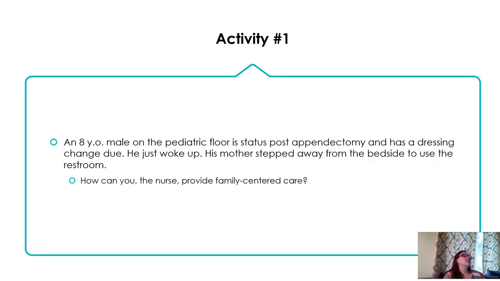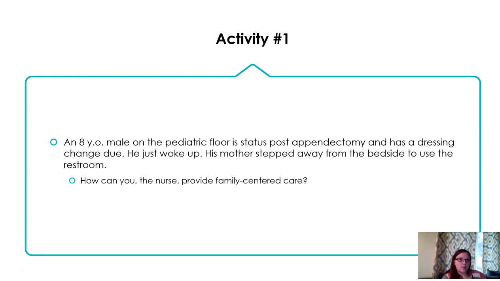Okay, so here's an example. We've got an 8-year-old kiddo on the floor who just had an appendectomy and has a dressing change due. He just woke up. His mom stepped away from the bedside to use the bathroom. So how can you as the nurse provide family-centered care to this family and this child? So with the stuff that I just said, we know that you as the nurse, the priority is providing family-centered care.